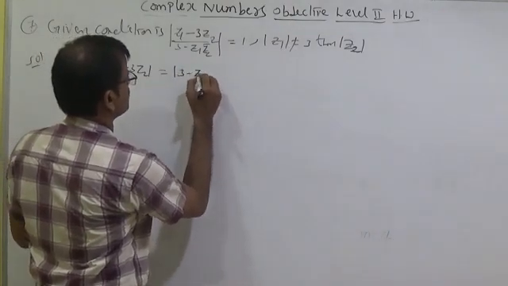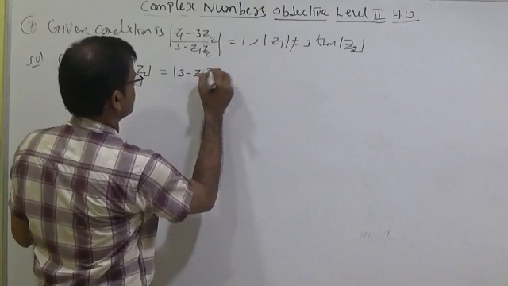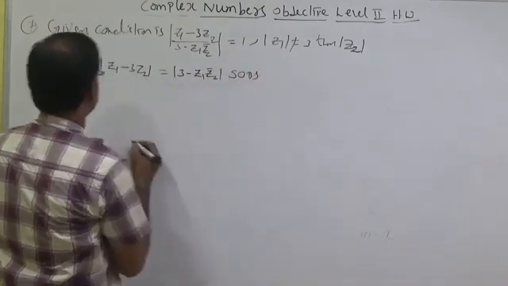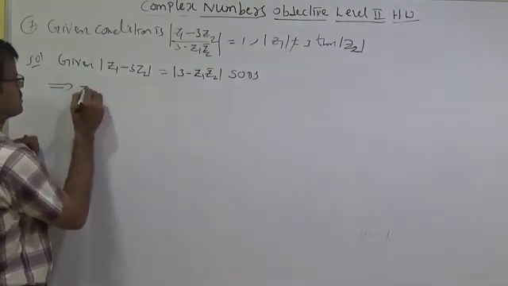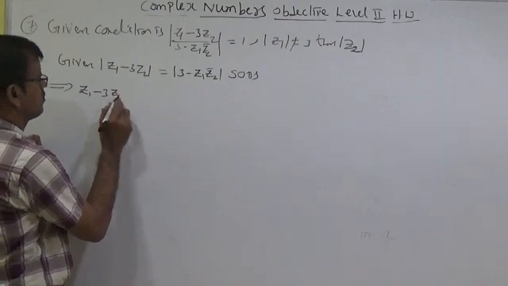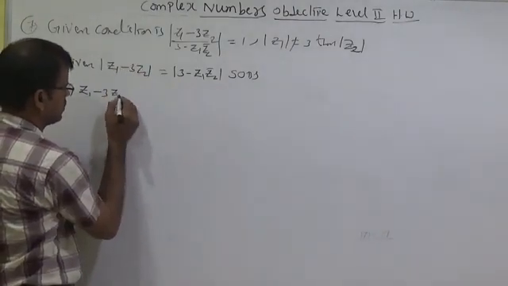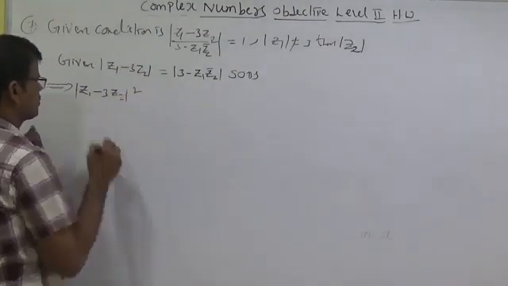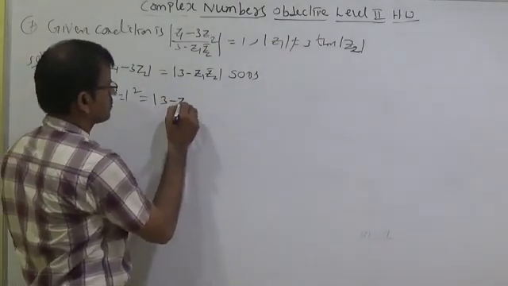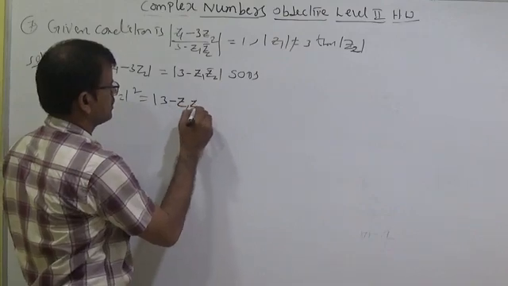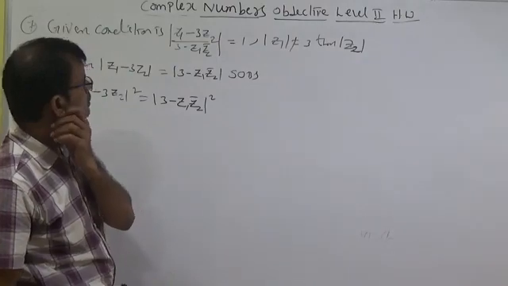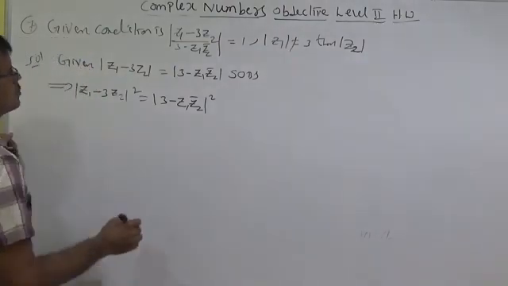Now squaring both sides, that implies modulus of Z1 minus 3Z2 whole square is equal to modulus of 3 minus Z1 Z2 bar whole square.